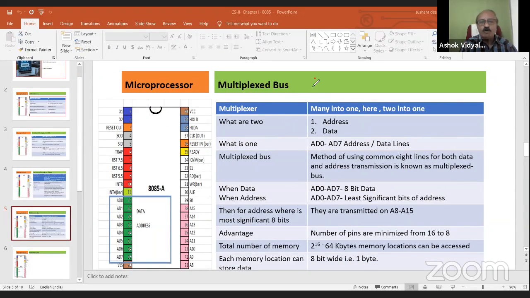That is, if you want to store 8-bit binary data, then to store this 8-bit data, the address of the memory location to be given is 16 bits. Clear? So this is like this.